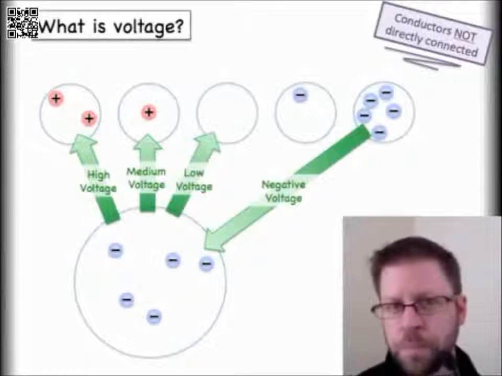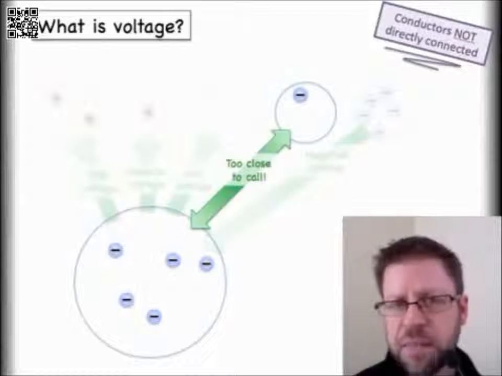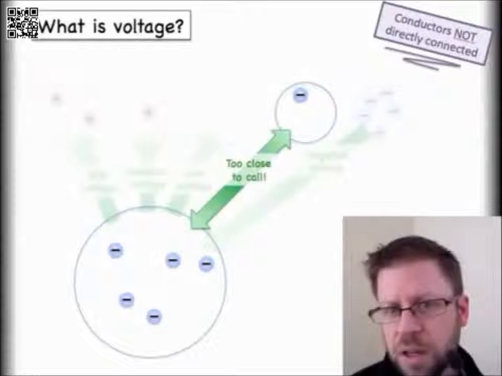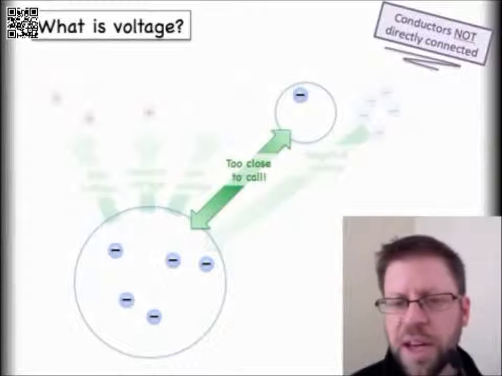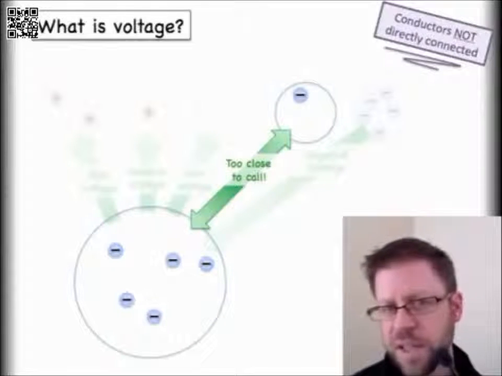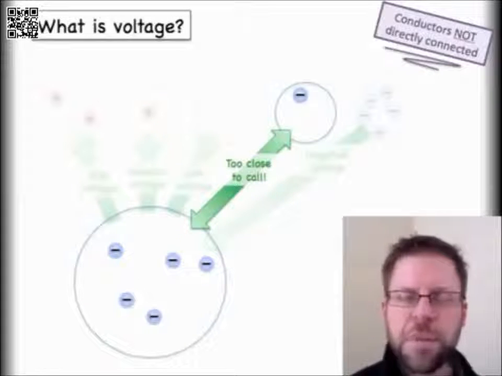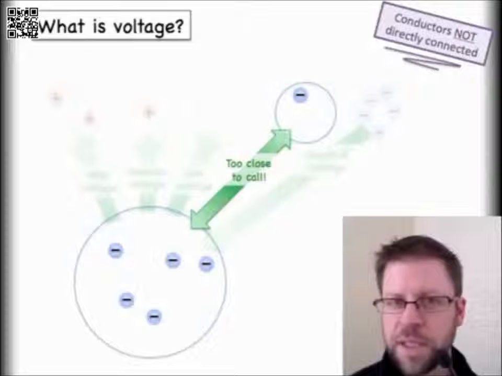That leaves me with this last one, which is kind of interesting because it's a smaller circle, but it has less charge. This alone, I can't really speculate on the voltage of this particular situation. But this kind of proves a point for me for why we are interested in voltage.